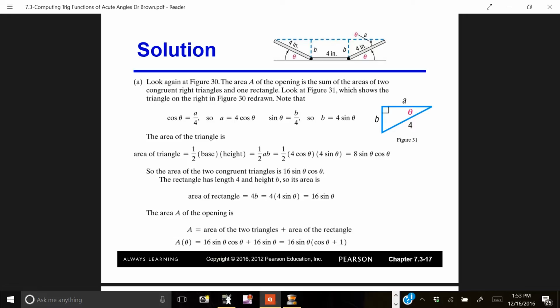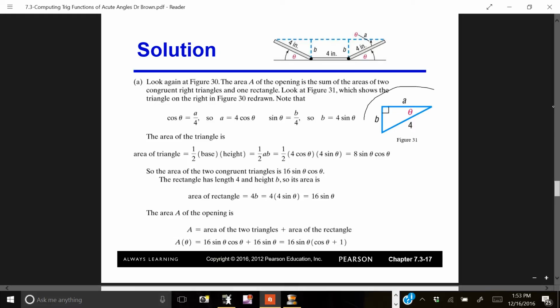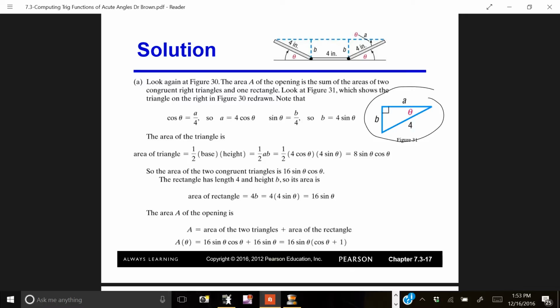So, looking at this triangle here, which is the right triangle associated with this gutter, we have B, we have A, and the hypotenuse is 4.